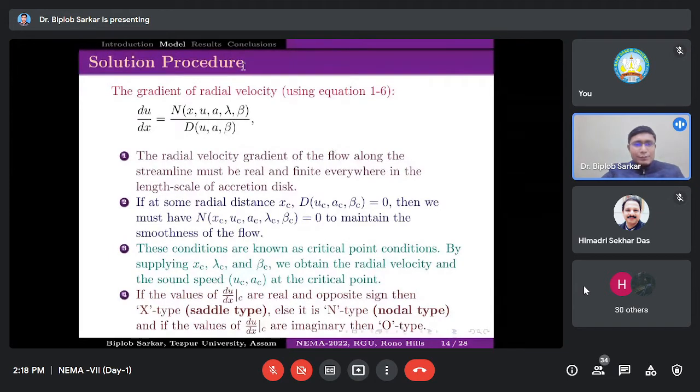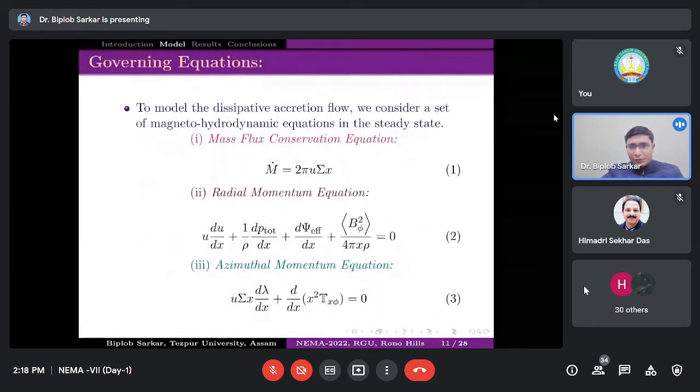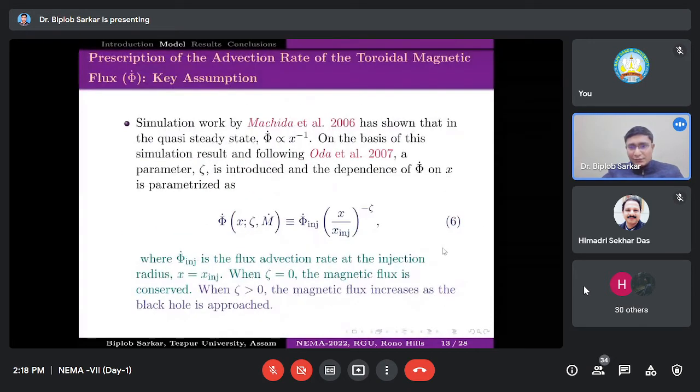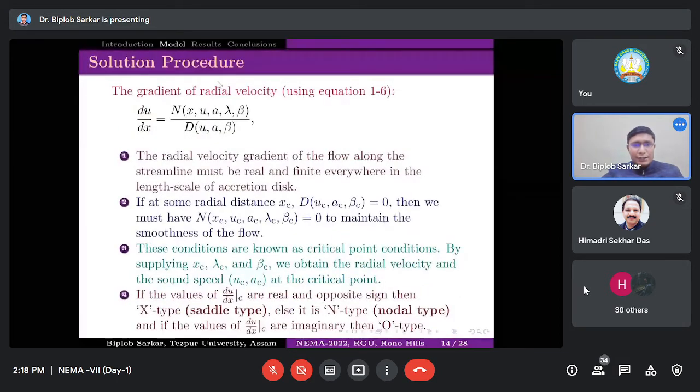Now we discuss the solution procedure. Using the equations given by equations 1 to 6, these 6 equations we will solve simultaneously in order to determine the gradient of radial flow velocity.